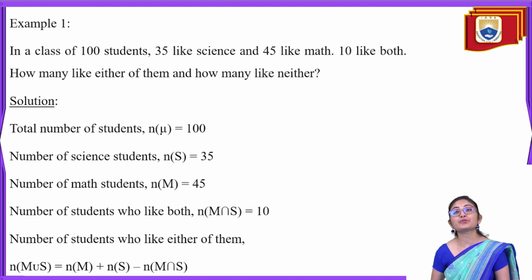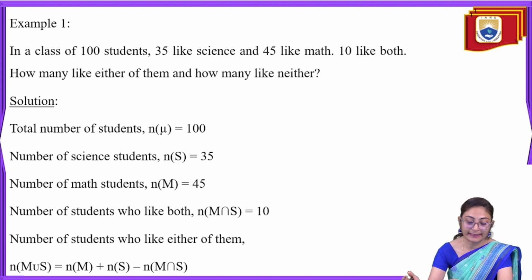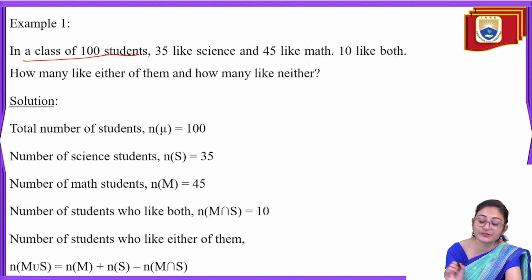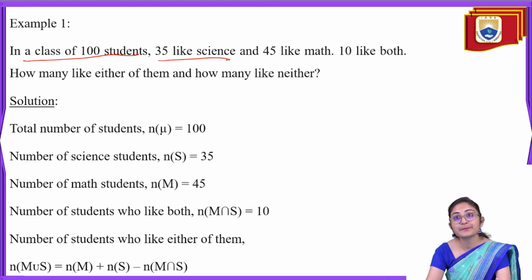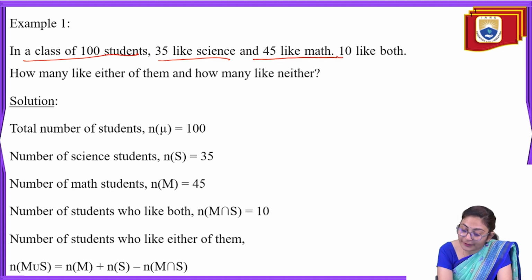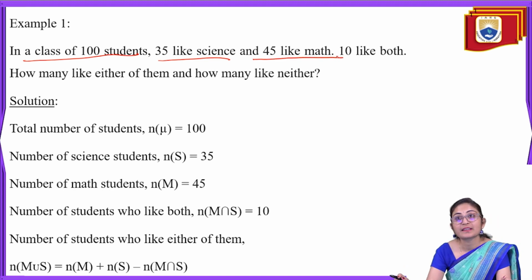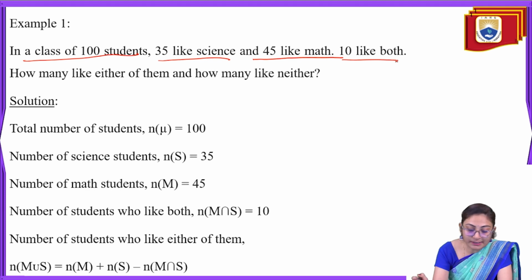Now we will move to our examples. The first example: in a class of 100 students, 35 like science, 45 like maths and 10 like both.